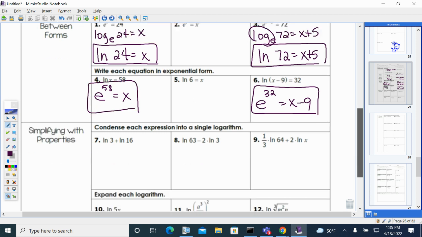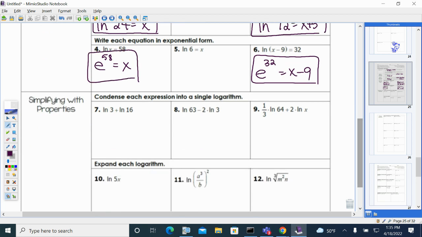Now, moving on down to simplifying, it says condense each expression into a single log. On number 7, we've got our product property, natural log of 3 plus the natural log of 16. The plus tells me to multiply. So you're just going to do 3 times 16, which should be 48.